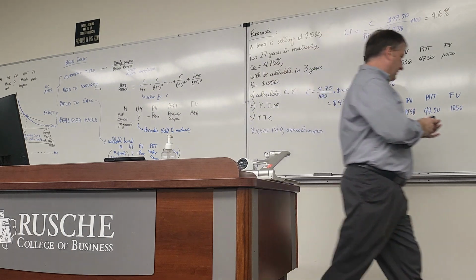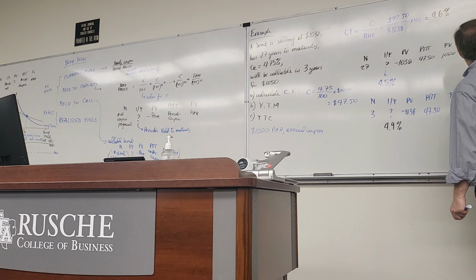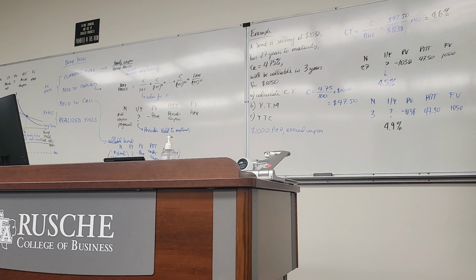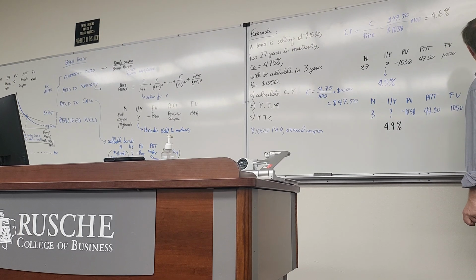So let's change things a little bit, and let's refer to the previous problem. And the question is, what is the yield to maturity if the bond makes semi-annual payments?